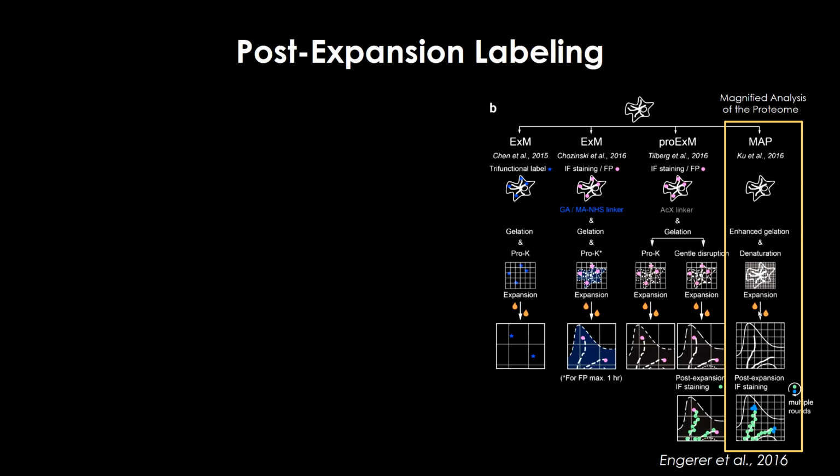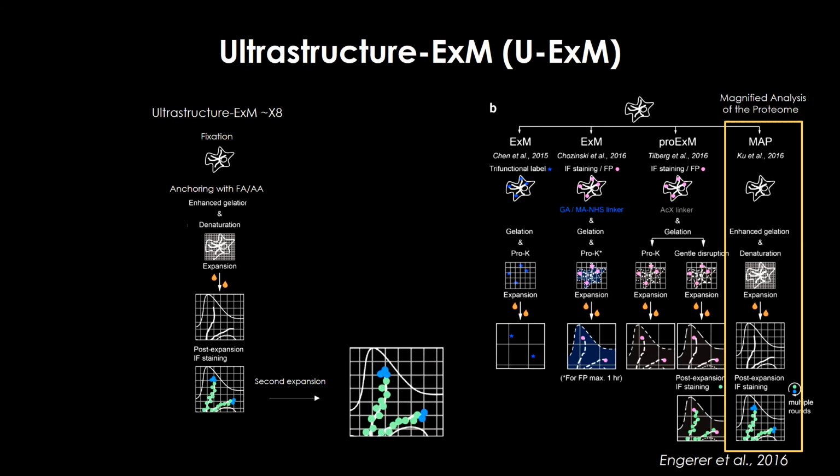The technique that I have experience with is the ultrastructural expansion microscopy, which allows you to expand the sample up to 8 times. In this technique, you first fix the sample, anchor it. If you remember in my previous slides, I used the NHS ester for anchoring.